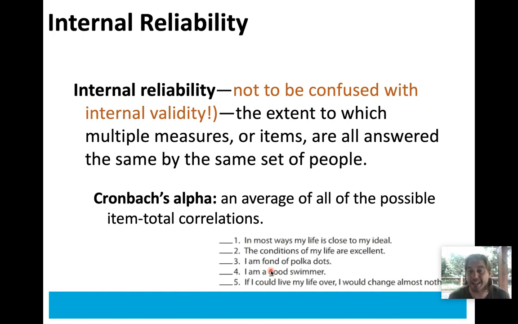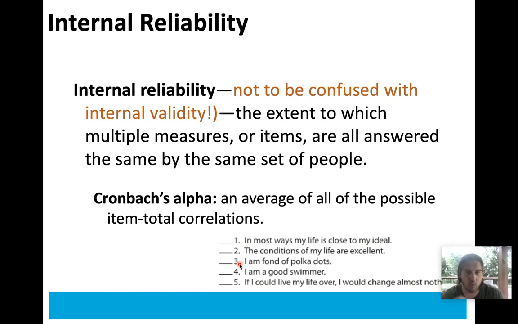So we can test for internal reliability, the extent to which the items in a measurement tool coalesce. And we want high internal reliability. We would expect questions 1, 2, and 5 to have high correlations, and we would expect them to not really be correlated with the answers to questions 3 or 4.